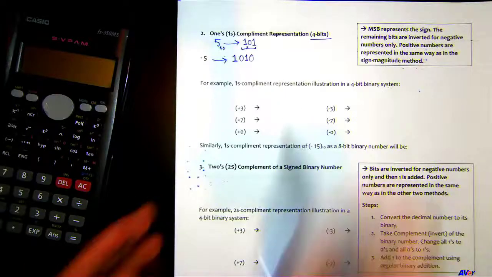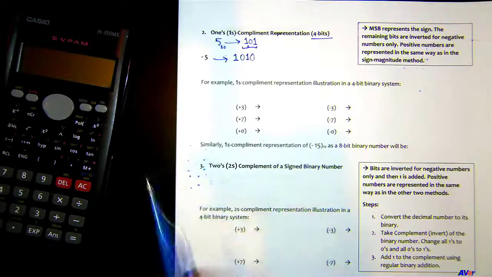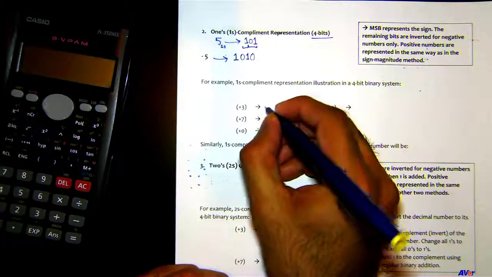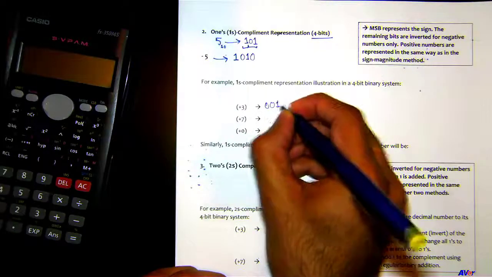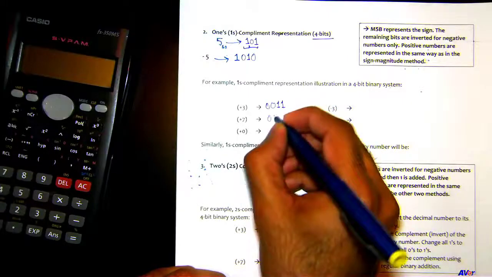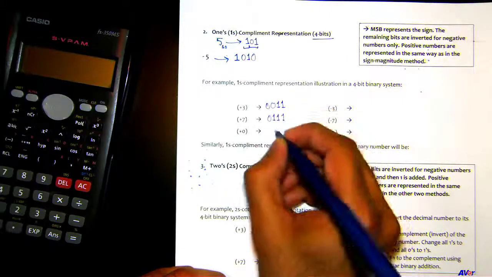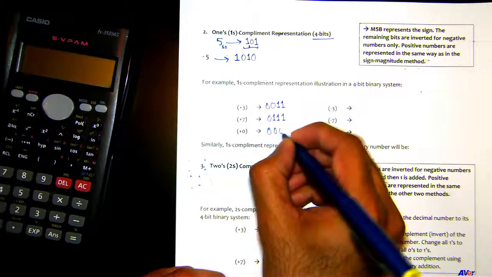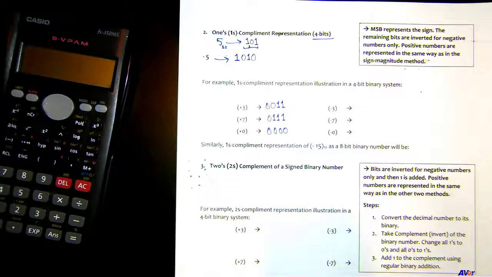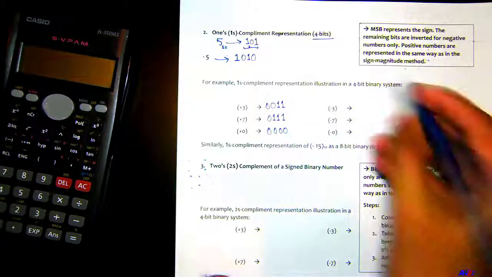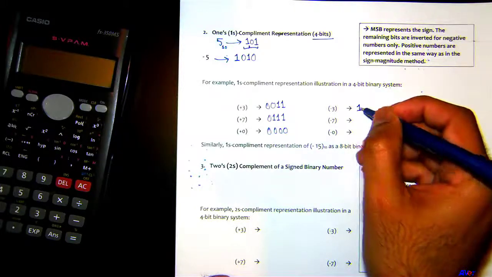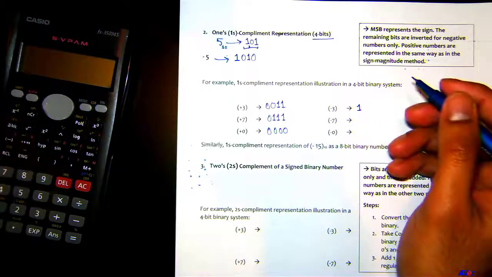We'll try to finish this table right here. For example, the 1s complement representation illustration in a 4-bit binary system. +3 is going to be 0011, right? And then 0 is 0000. Okay, -3: the sign bit is going to be 1, and then you're going to invert the remaining bits.